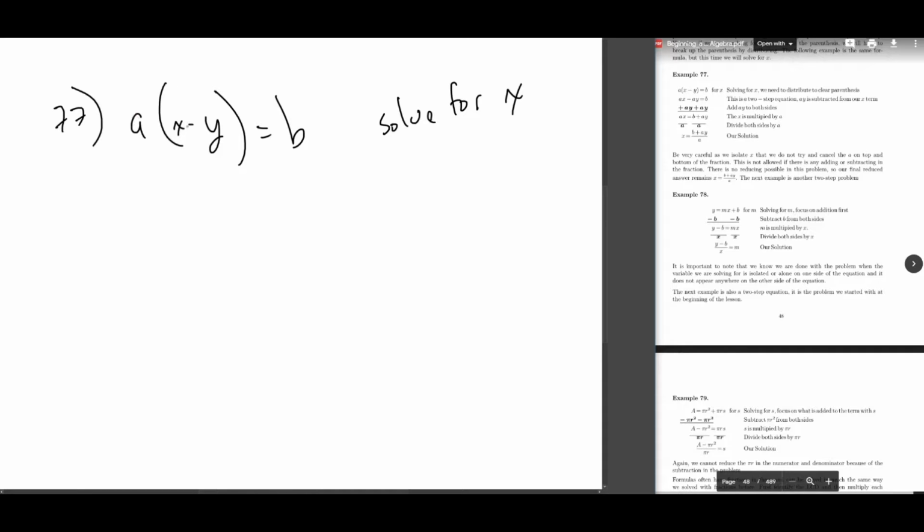So how do you get what's in the brackets? Well, you multiply as you did in other lessons. You're going to multiply a times x, and you're going to multiply a times y. So that would be a times x equals ax. A times negative y equals negative ay.